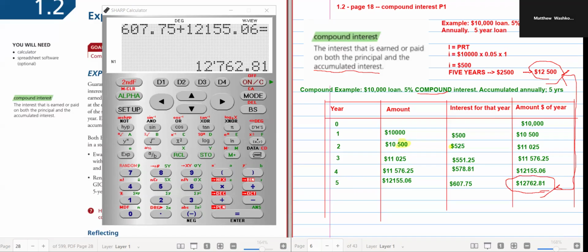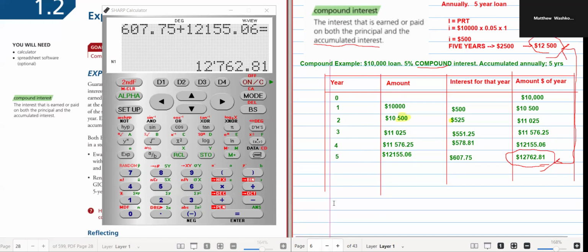Now, if I have a mortgage, for example, and a mortgage is accumulated monthly and it's like a 25-year, this chart would be, what is it, 12 times 25? That'd be 300. 300 of these long. You're not going to do that by hand, right? And that's dealing with much larger numbers.